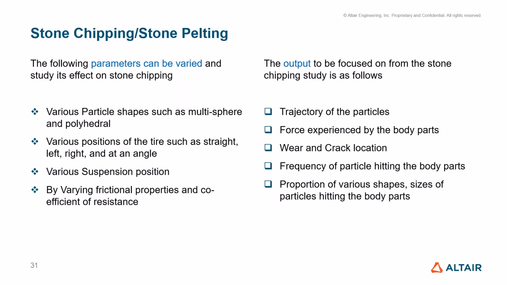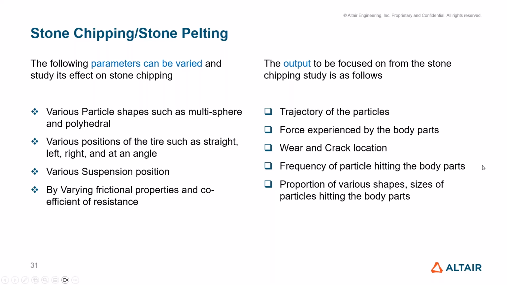The output to be focused on from the stone chipping is the trajectory of the particle due to vehicle movement, after the impact of the particle, or after the lifting of the gravels from the tire and hitting the underbody parts of the vehicle.